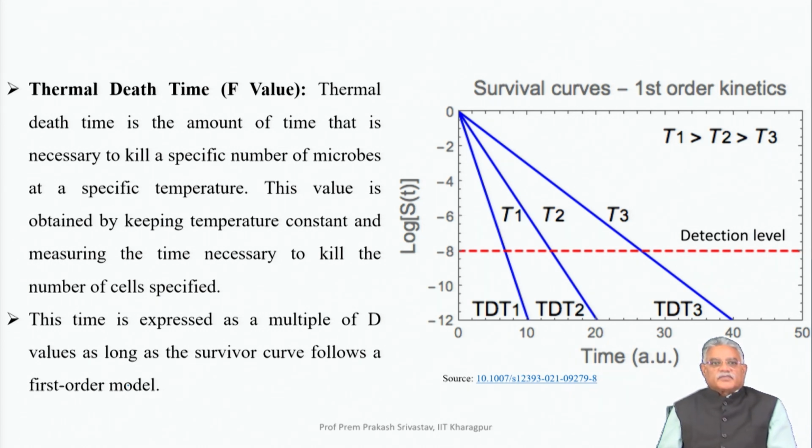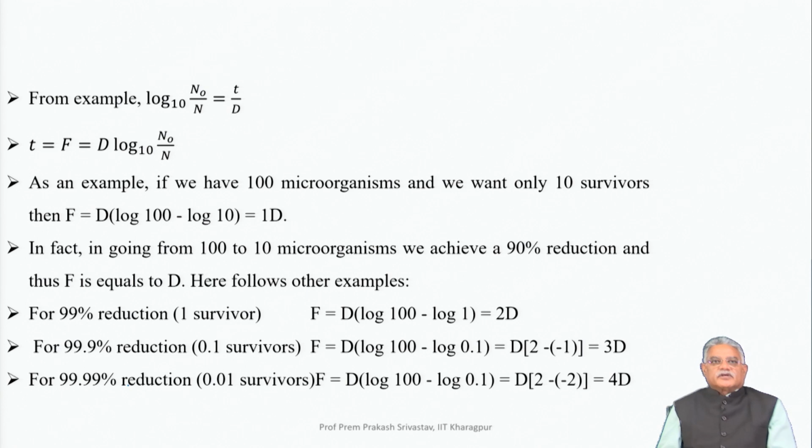This time is expressed as a multiple of d value as long as the survival curve follows a first order model. From the example, log base 10 n0 by n is equal to T by d. The T is equal to F is equal to d log 10 n0 by n.